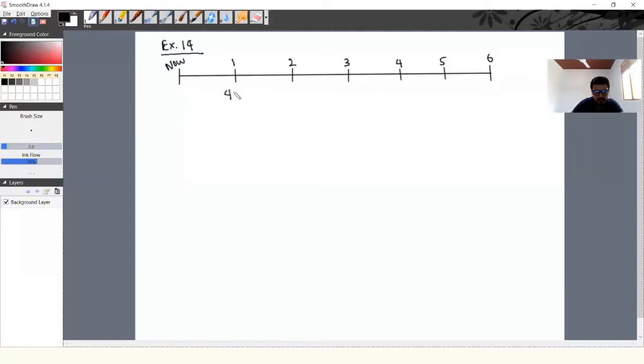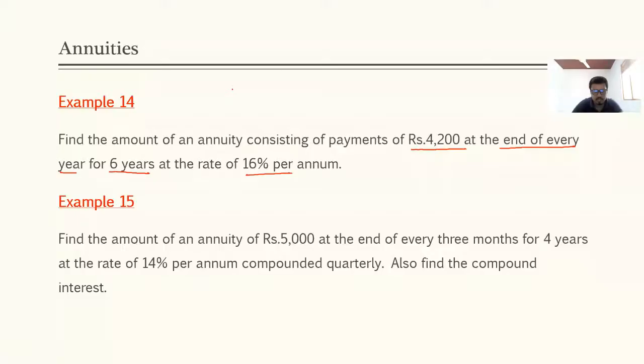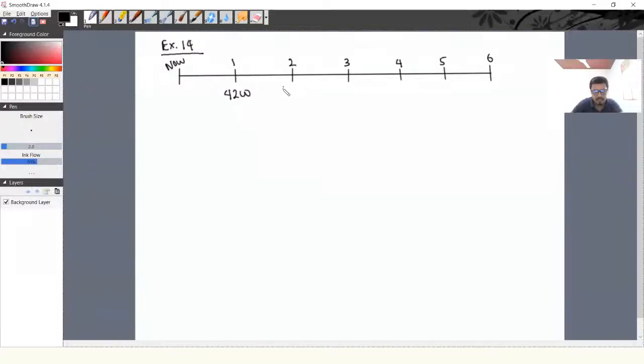At the end of year 1 we are paying 4,200, at the end of the second year 4,200, at the end of the third year 4,200, here also, here also, and at the end of the sixth year also we are paying 4,200. And the interest rate per annum is 16%. This is what they have provided.